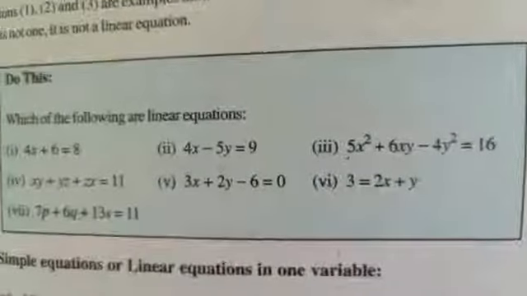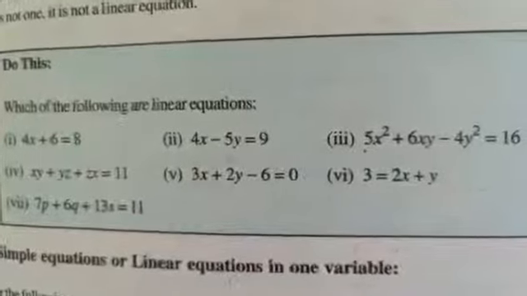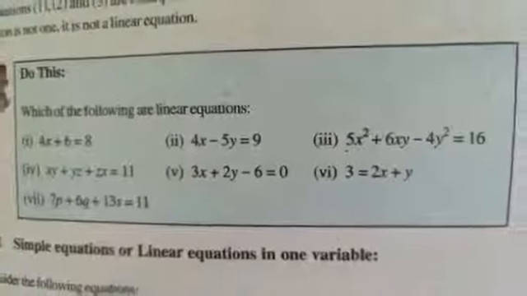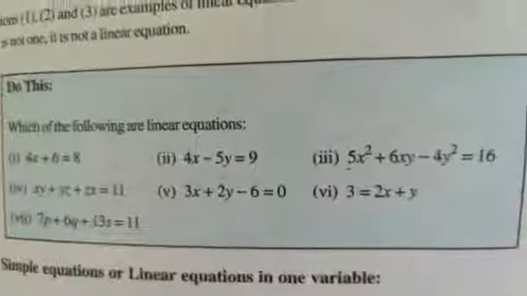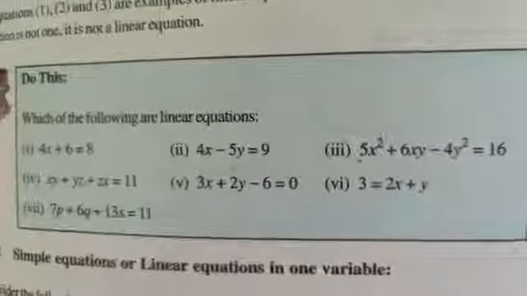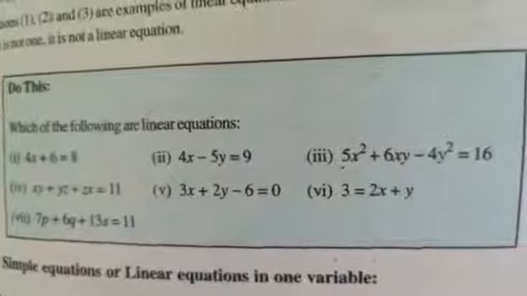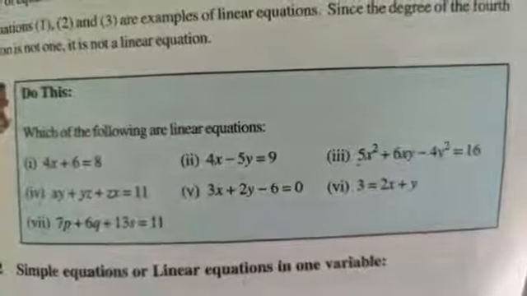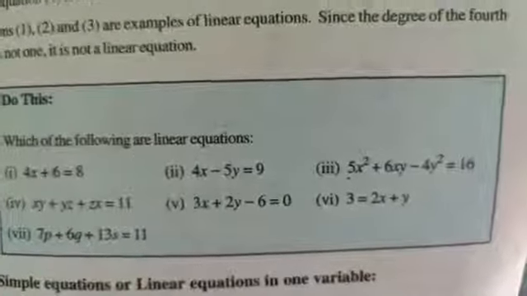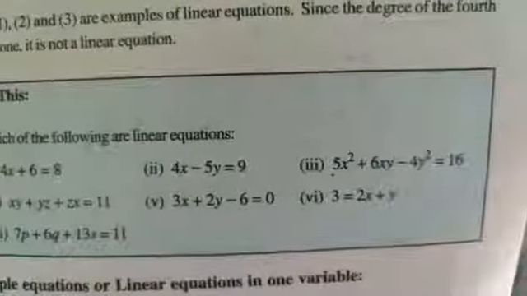Which of the following are linear equations? See the first one, 4x plus 6 equal to 8. In this equation, there is only one variable, that is x, with degree 1. So the first one is a linear equation.